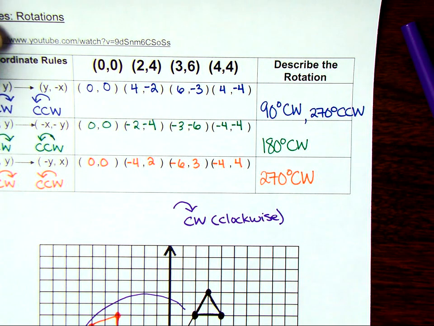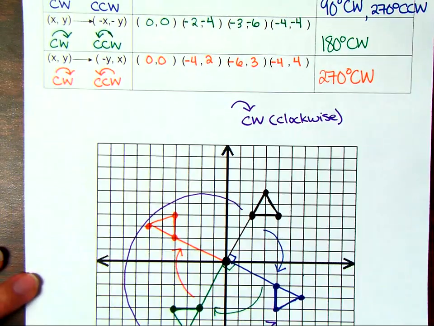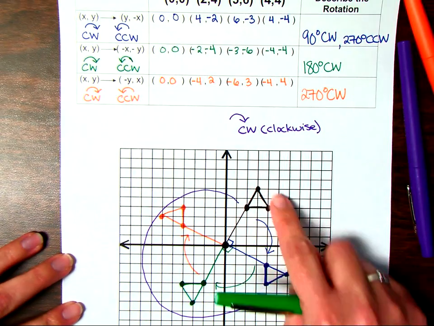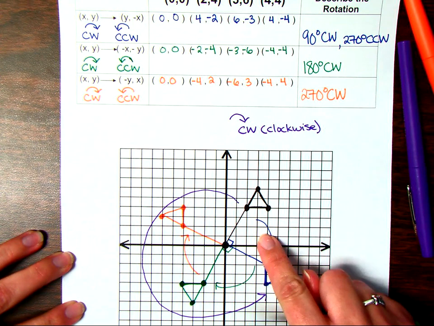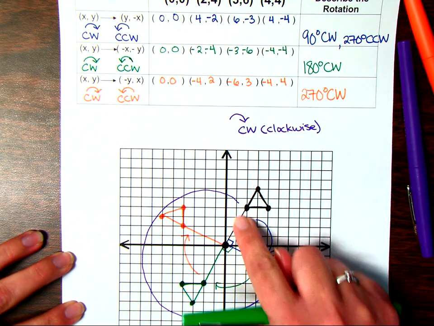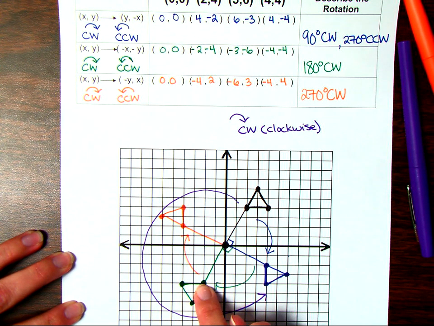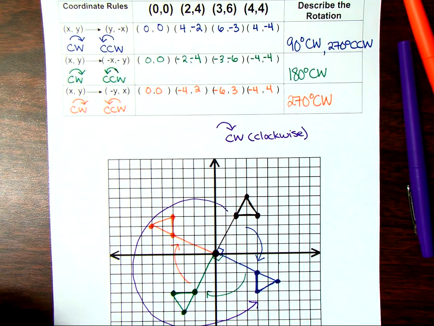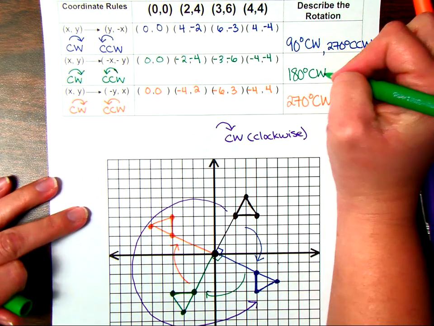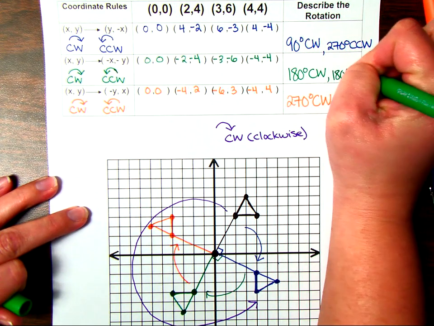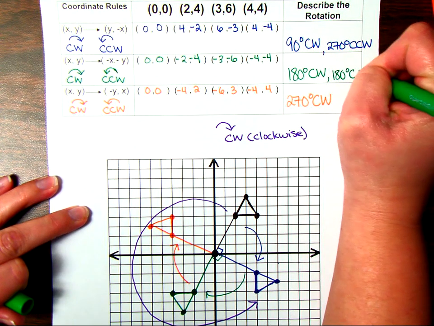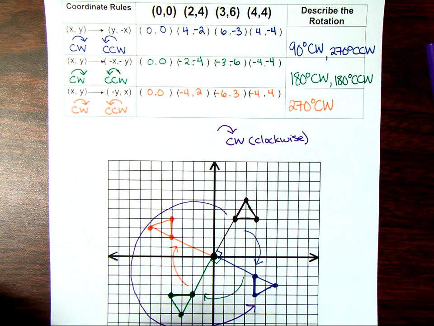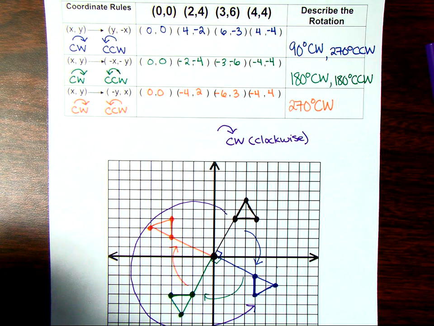Okay? Well, let's look at 180. If you started your original picture right here, and I went 2 times to the right, or 2 quadrants, 90 times 2 is 180. Well, 2 times to the left is still 180. So 180 degrees clockwise is actually the same thing as 180 degrees counterclockwise. Okay, so your rules are the same.